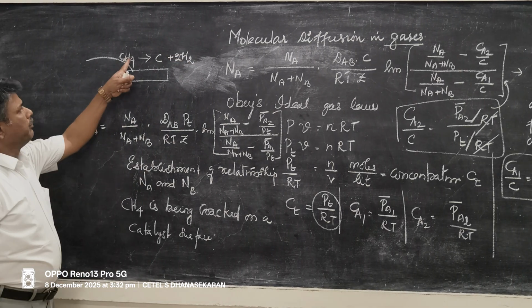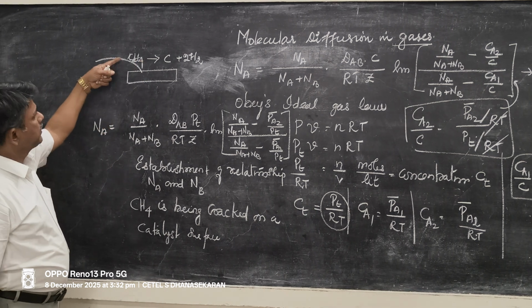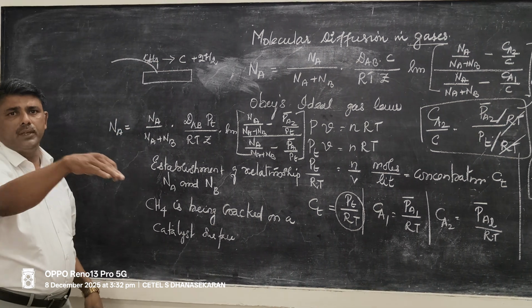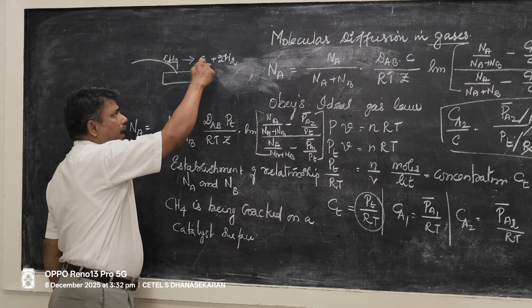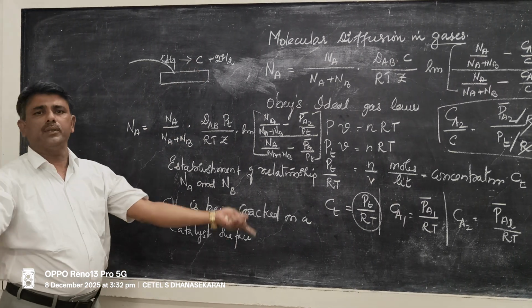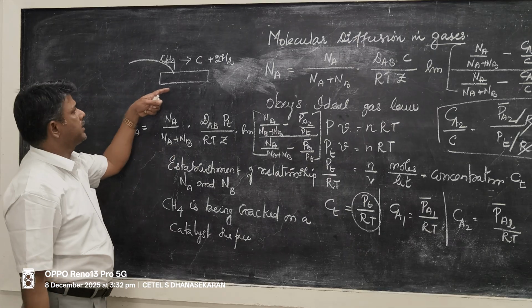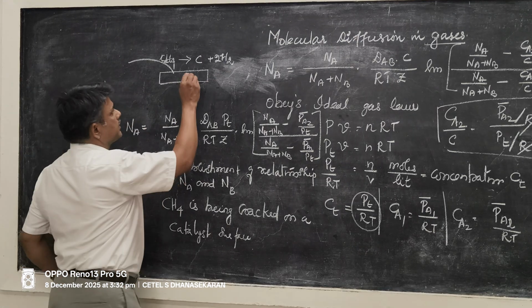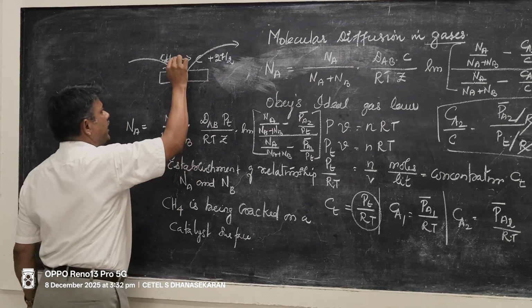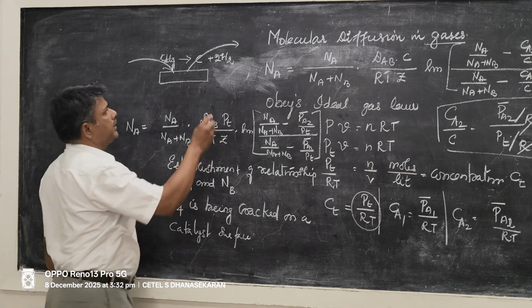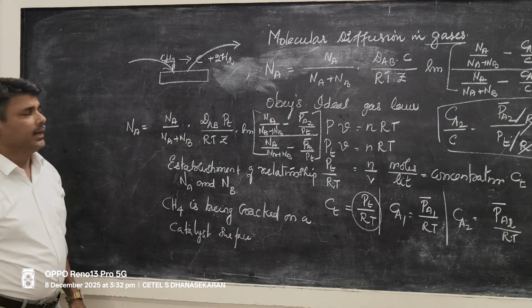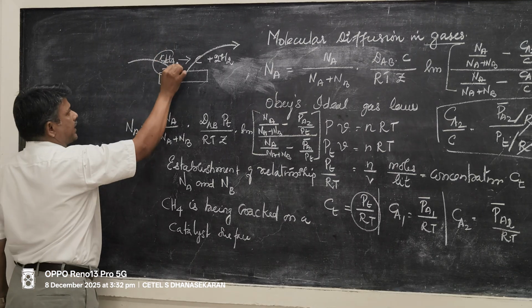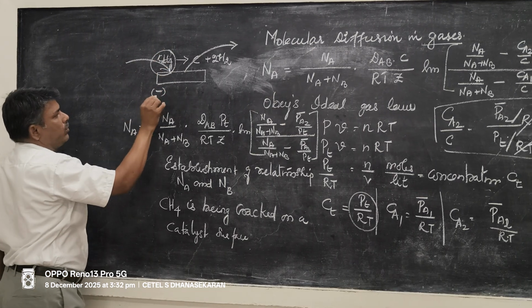Listen. Methane is entering the surface of the catalyst. Formed hydrogen moves away from the surface of the catalyst. This is one direction, this is the opposite direction. Methane is entering the surface, hydrogen is leaving the surface. Both are in opposite directions. Next, methane is on the reactant side, and reactant side means negative.